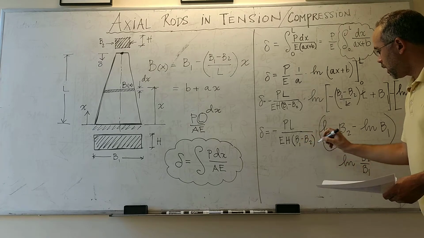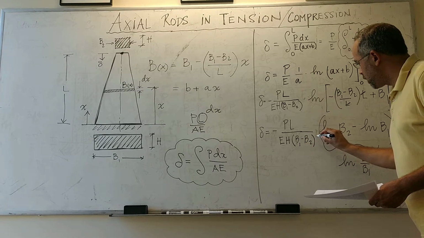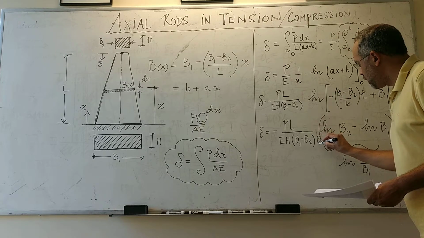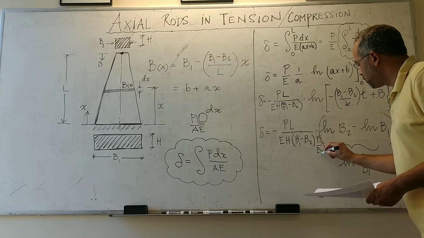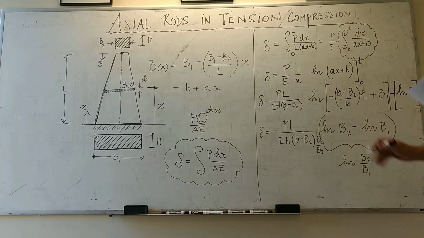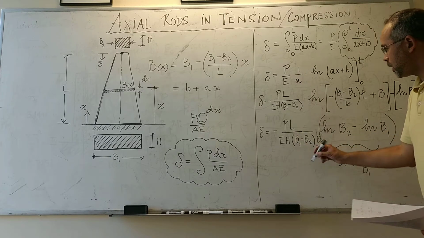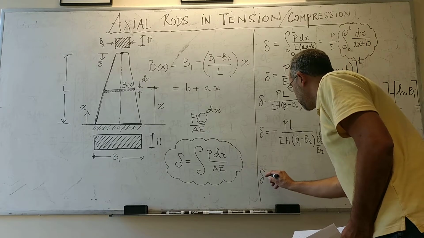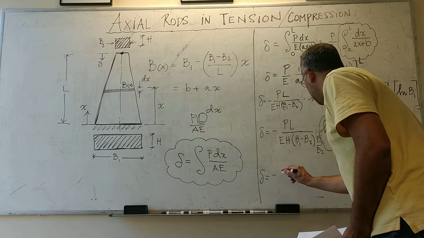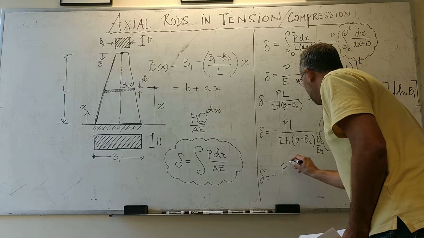And here, I'm going to simply multiply and divide by b2. So I haven't changed anything, but this b2 divides these terms, and we end up with a really nice expression here that looks something like this.